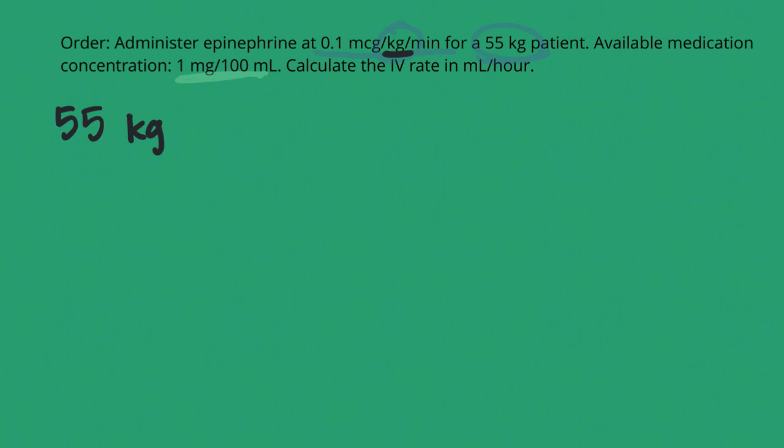We're starting with the 55 kilograms that the patient weighs, and we're multiplying it by that weight-based order, 0.1 micrograms per kilogram per minute. All right, remember when we do this math, the kilograms here cancels the kilograms here. We're left with micrograms per minute.